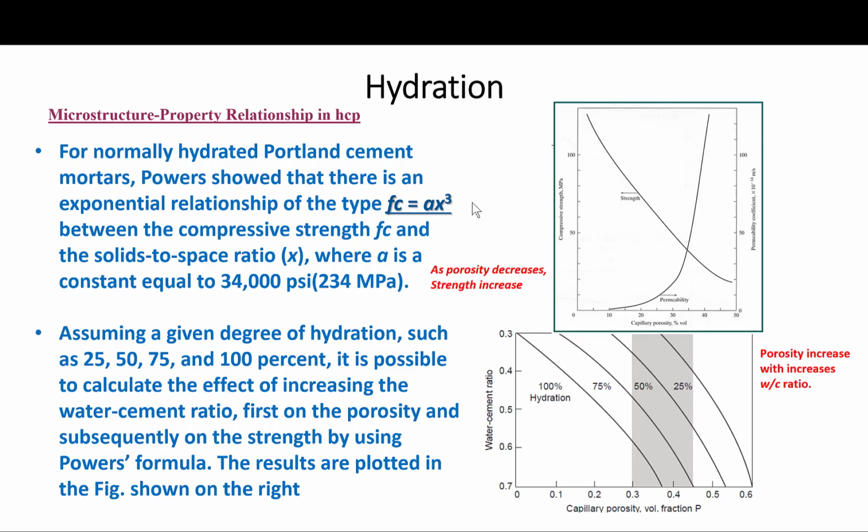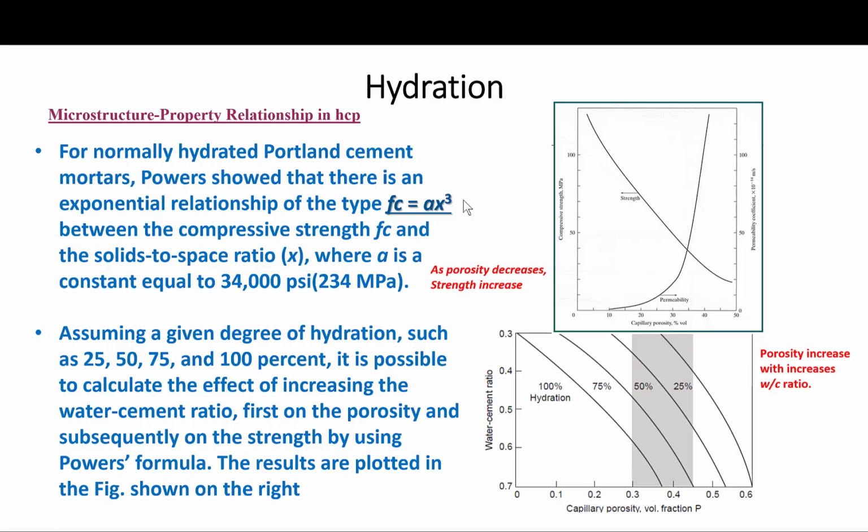He showed this relationship between the compressive strength, f_c, and the solid to space ratio, denoted as x. We have seen this in the previous lectures. A is a constant equal to 34,000 psi or 234 MPa, depending on which units you're using. So this is the exponential relationship devised by Powers.